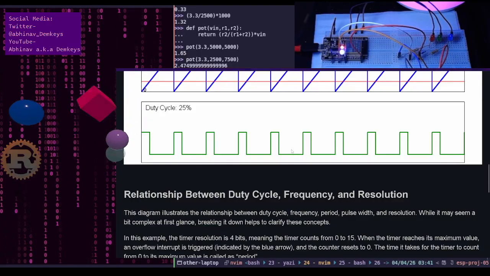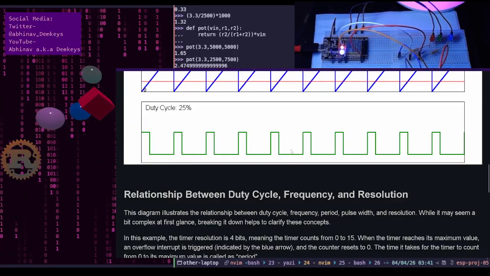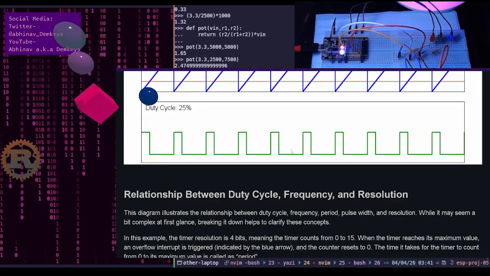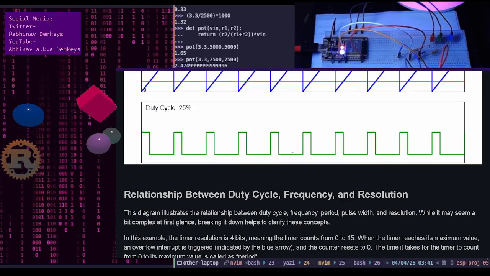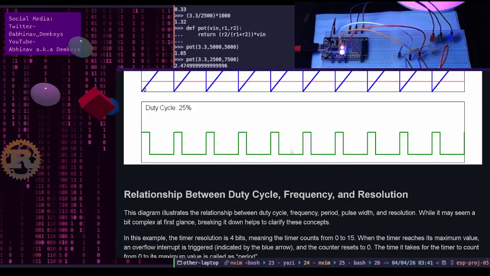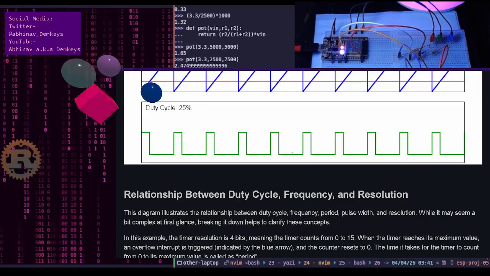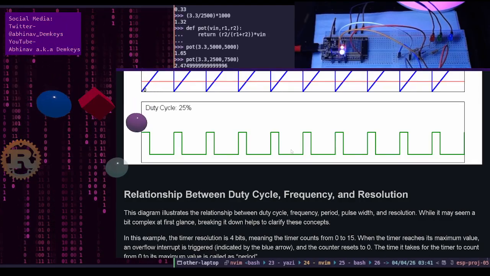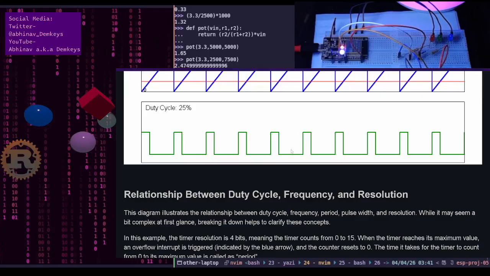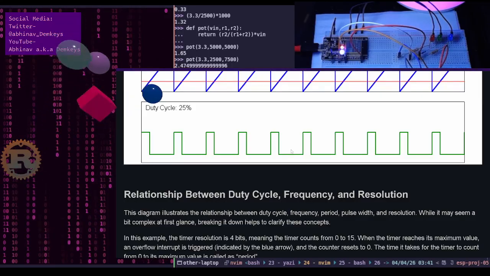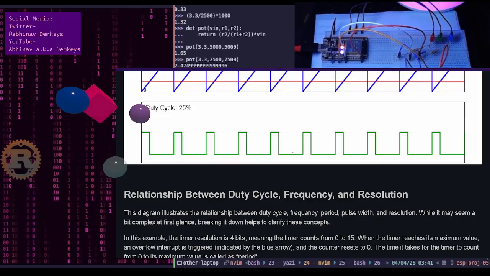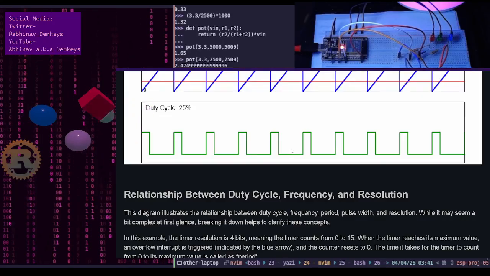The period, that is the how often, the period is the total time it takes for one cycle, for one complete on off cycle to finish. It determines the frequency of your signal. For one complete on off cycle, how is that one on off cycle determining the entire frequency of the signal?